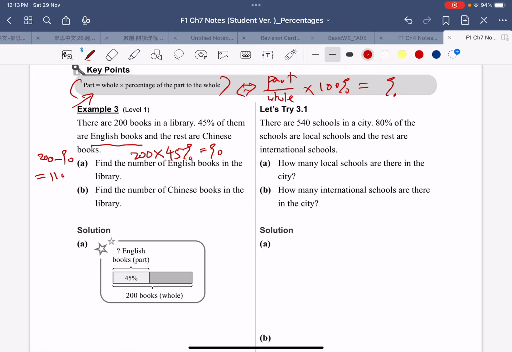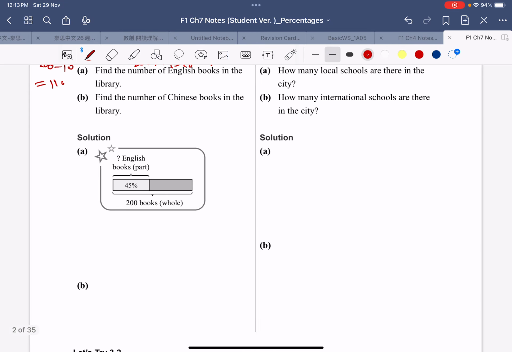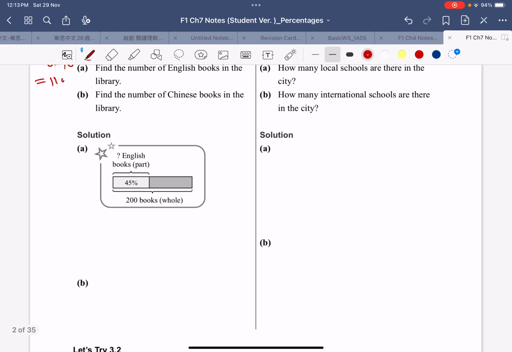Okay, how to write the presentation here? To write down the presentation, first write down the number of English books.